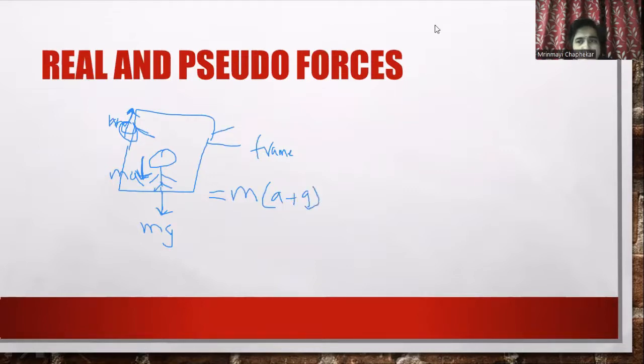So the person will feel a bit heavier. त्याला असं वाटेल आपल्याला कोणी तरी खाली प्रेशर दाबतंय. And this is not imaginary. You can actually put a weighing scale and note down the weight, the increase in weight.